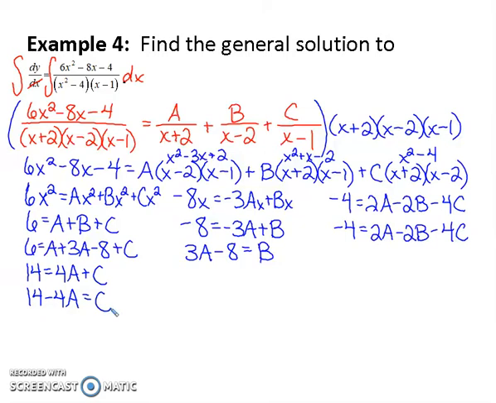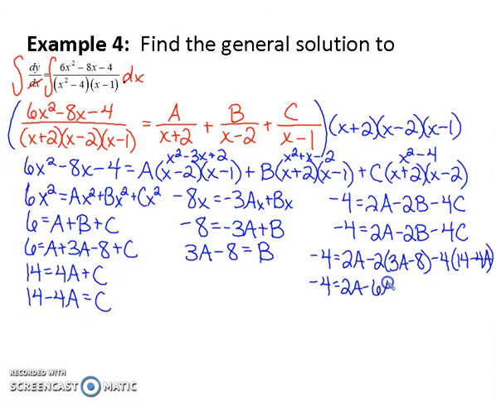Then if I go to the third equation, I can now write everything in terms of A. In place of the B, I can put 3A minus 8, and in place of the C, I can put 14 minus 4A. That gives me negative 4 equals 2A minus 6A plus 16 minus 56 plus 16A.